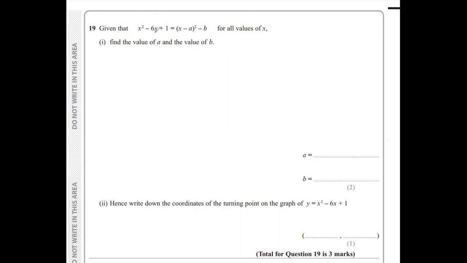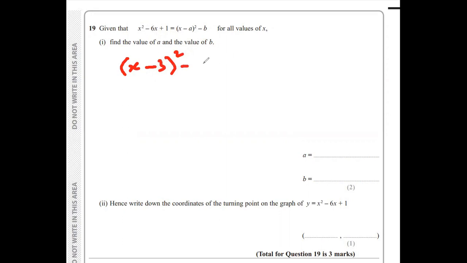Right, to complete the square, we start with a bracket, we write the variable without power, and then half of the coefficient of the middle term, half of minus 6 will be minus 3, bracket closed. Then we take away from this the square of this number.